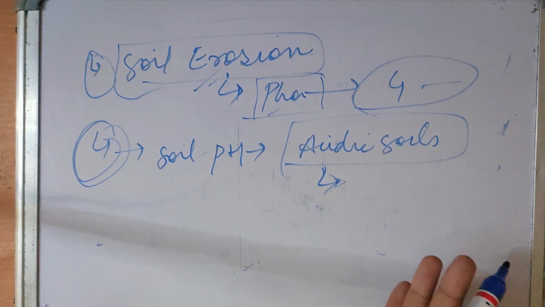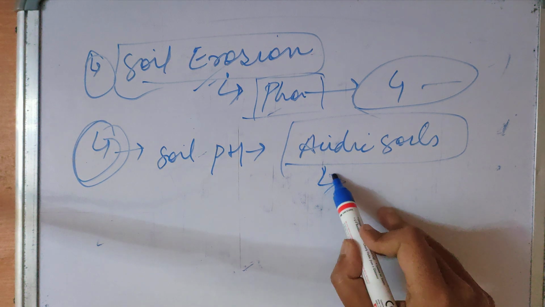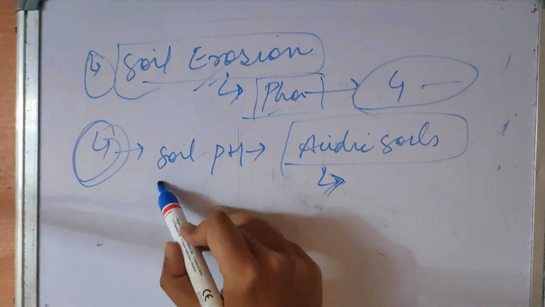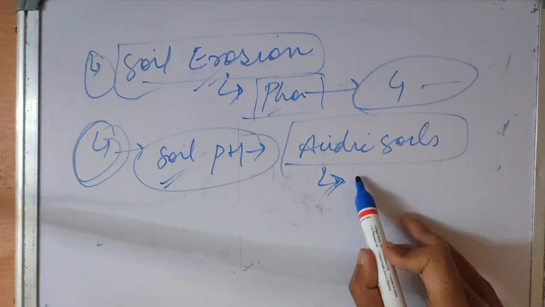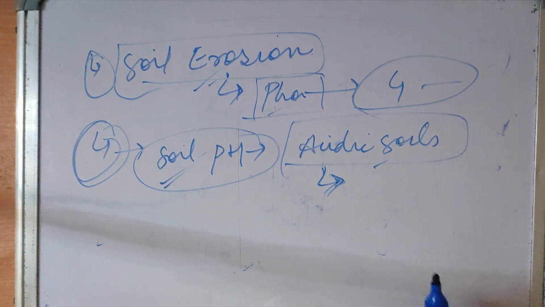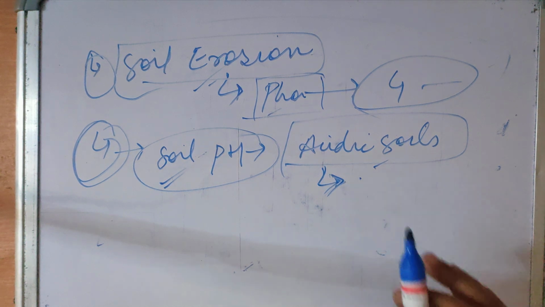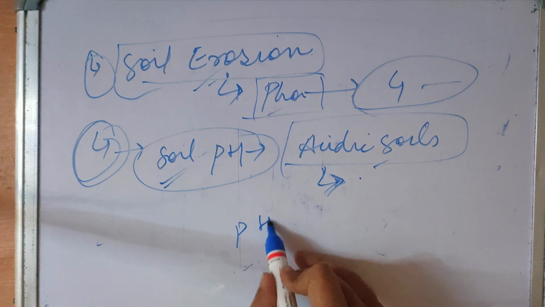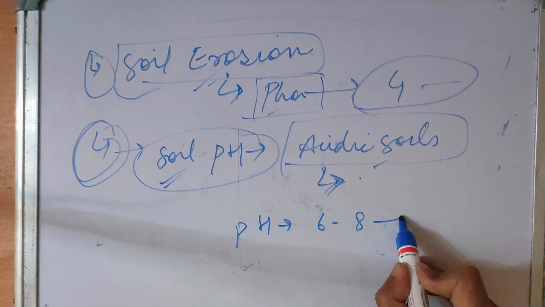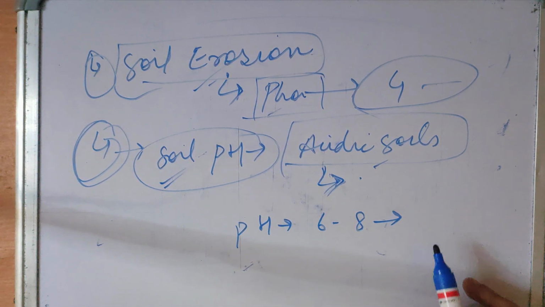We have seen this in the previous topic also when I was discussing factors. I have discussed overliming. For that you need to do lime application, but as India has more acidic soils as compared to basic soils, the phosphorus content is always low due to less fixation. So the pH of 6 to 8 is best for phosphorus presence, and for fixation soil must be basic.